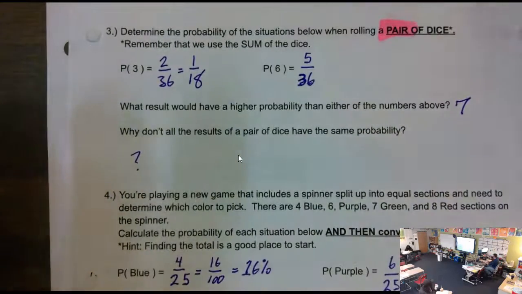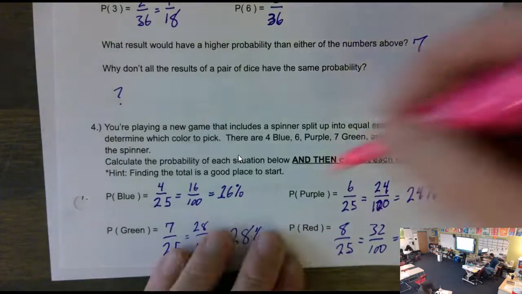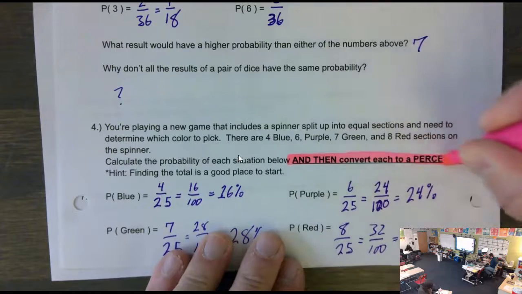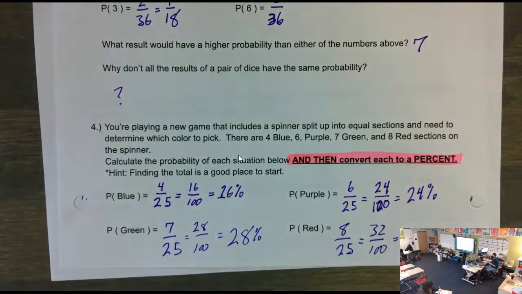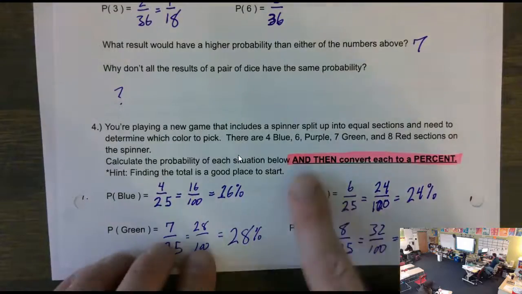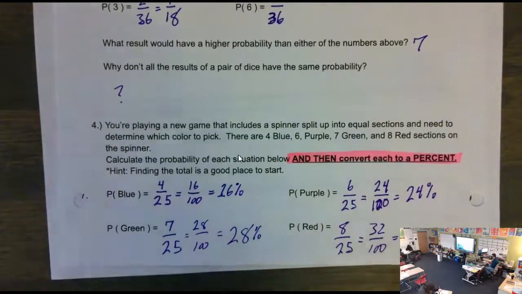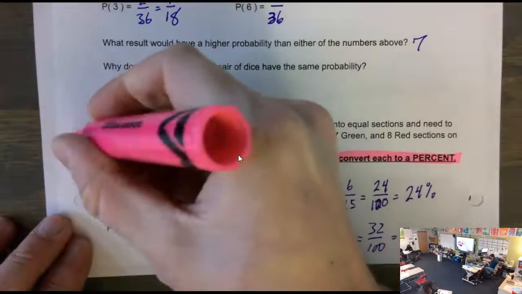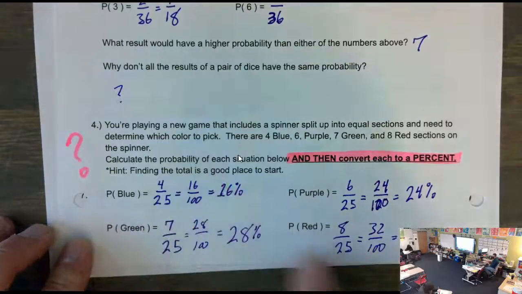Most of us got number 4 correct, but some of us forgot to and then convert to percent. So if you forgot to convert to percent, just do your percentages and turn it back in. Everybody's turning it back in. But if you forgot to do percent, I probably just put a question mark out here. So a question mark out here means you need to do more, right?